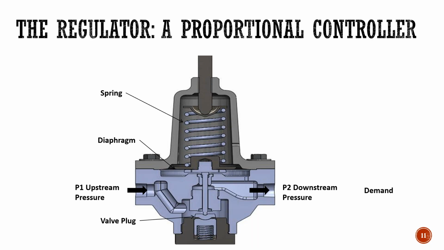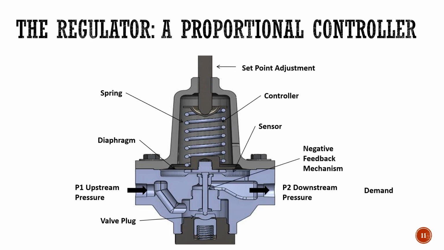As the downstream pressure falls below the set point, the spring will overcome the pressure underneath the diaphragm and go back to the open position. So again, you set it, you forget it, and it will just go out there and merrily regulate for the rest of its effective service life.